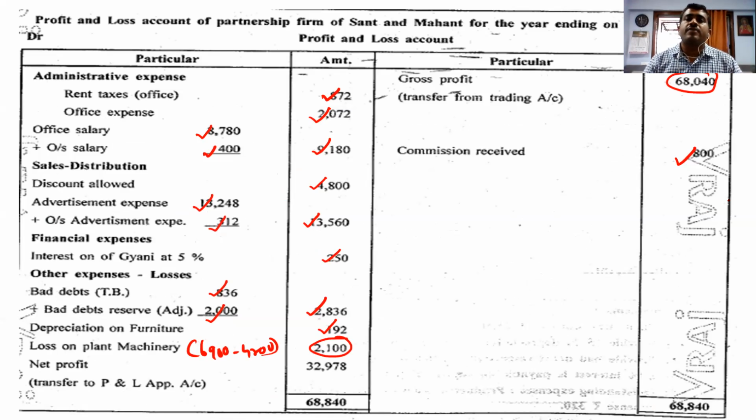68,040. Now make the total. The total comes to 68,840 here also. Deduct your answer, then you will get the particular answer. Deduct it, all the debit side you have to take.